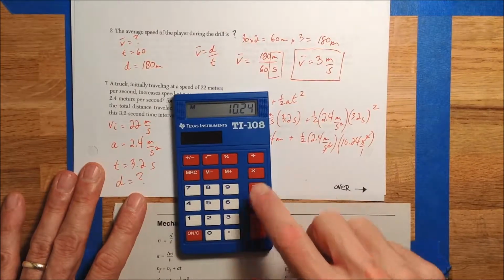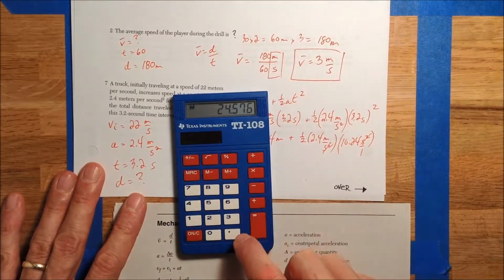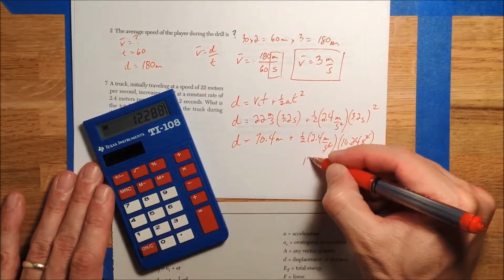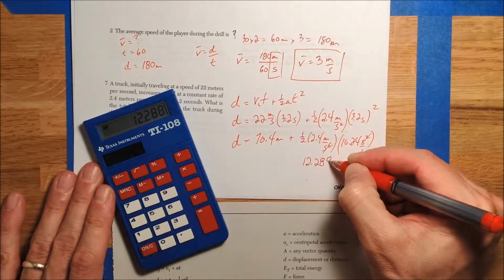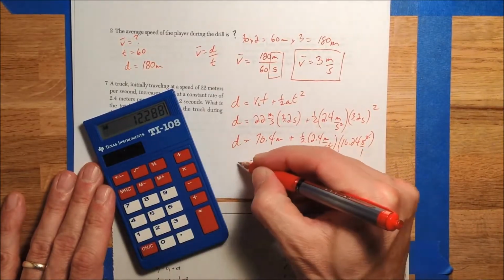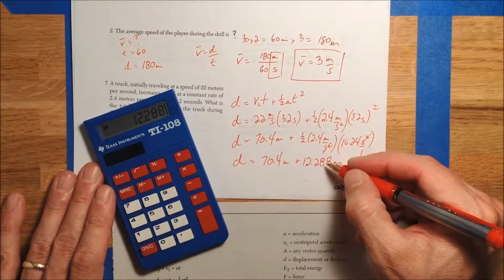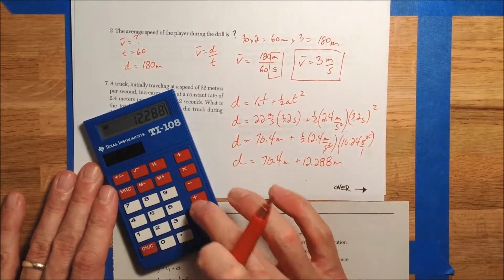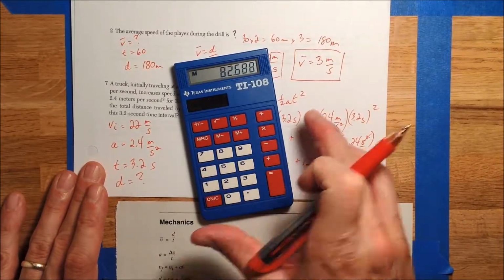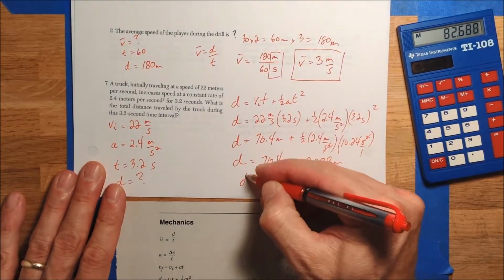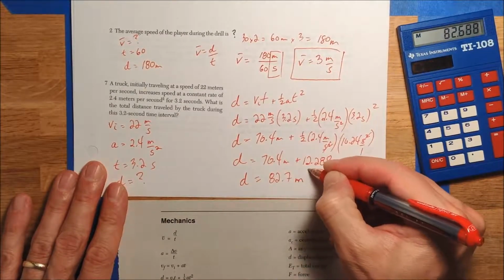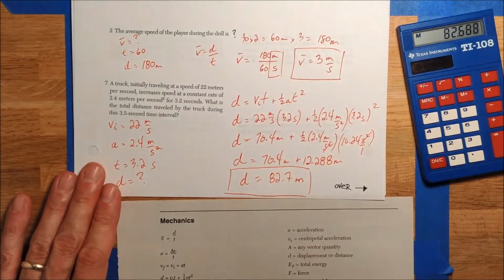That times 2.4 times 0.5 for the 1/2 is 12.288 meters. 70.4 meters plus that, and let's round it to 82.7. Distance is 82.7 meters. Can you dig it?